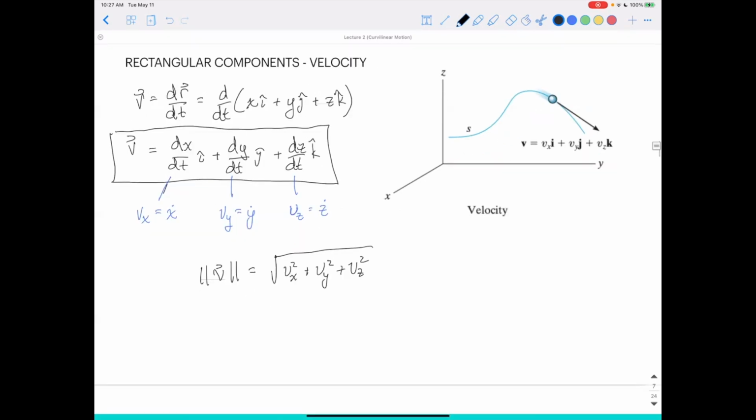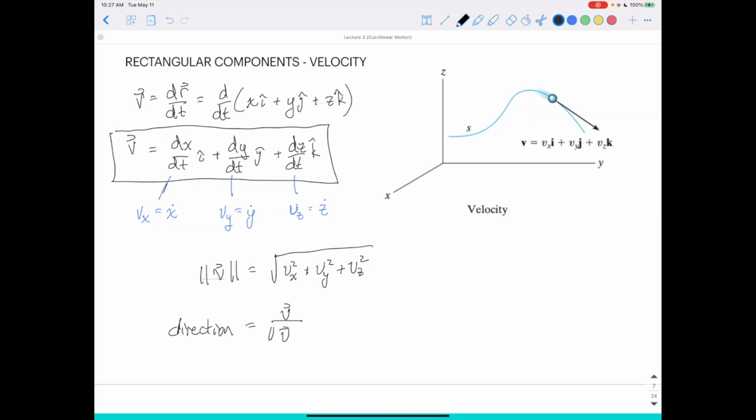And we can write the direction as equal to the velocity vector divided by that magnitude. And it is always tangent to the path.